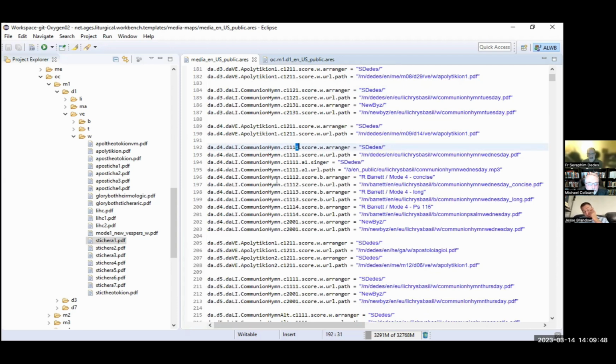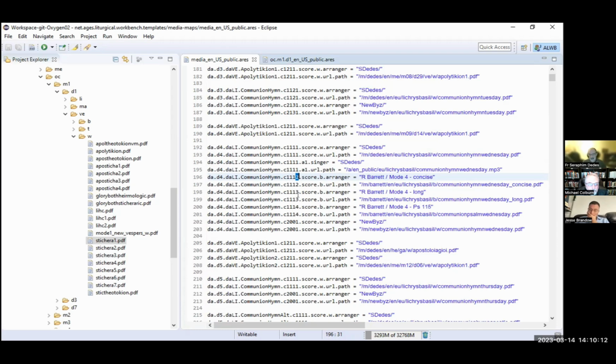But here we have another one, different. It's again 1, 1, but it's a different score, which happens to be in mode 4. It's a different mode, a different composition, but the same text and everything else is the same.